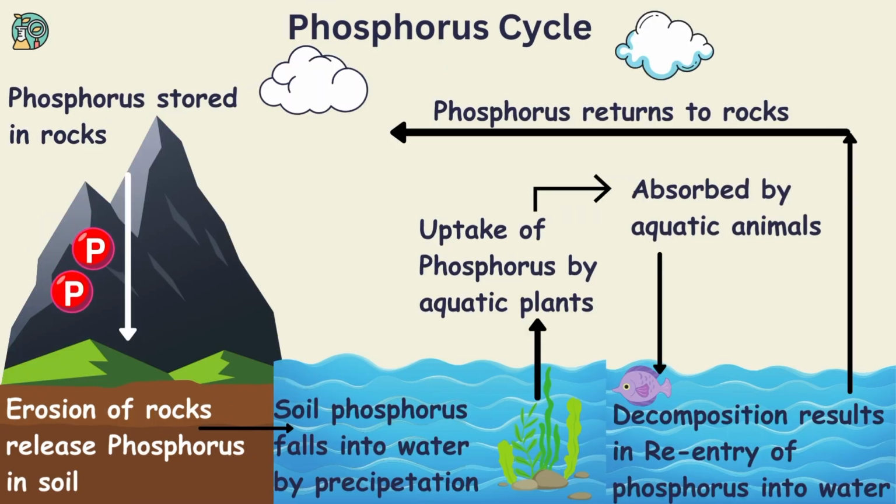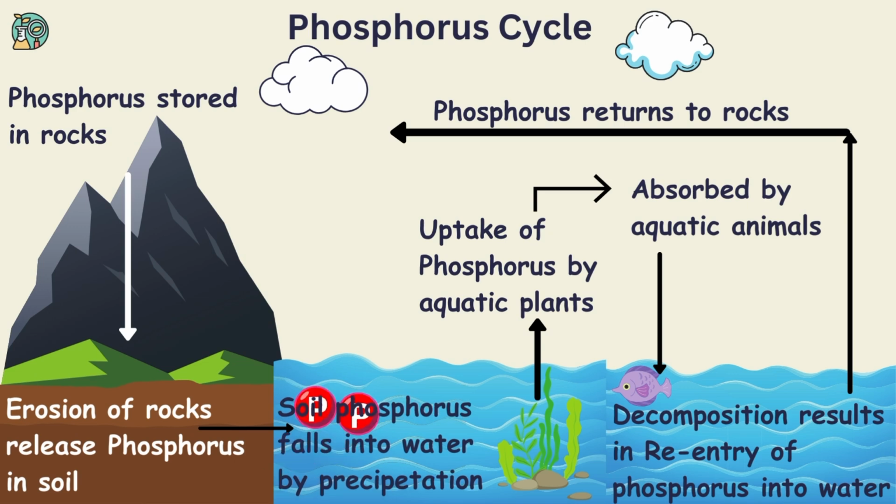Next is the phosphorus cycle in the aquatic ecosystem. First stage is weathering. Here the phosphorus present in the rocks gets released in the soil. Then this phosphorus present in the soil goes to the water bodies like rivers, oceans, etc. by the process of precipitation. Then the aquatic plants absorb this phosphorus from the water.